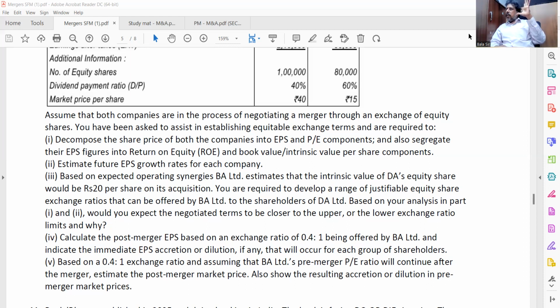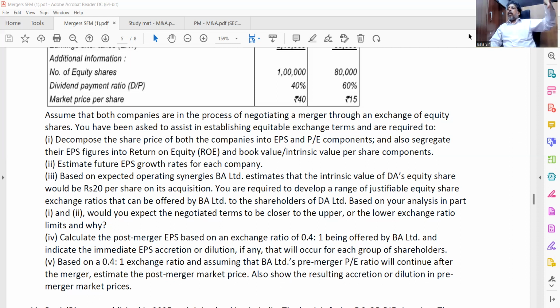And what is the return earned by the company on equity funds? BA Limited, 17.5%. Remember, we got in the first subdivision, we got 17.5% for BA Limited. So why do you take the 17.5? Because what is retained earnings? It's an equity fund. It is a part of equity which is retained and reinvested in the business.